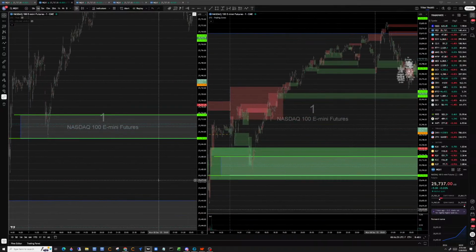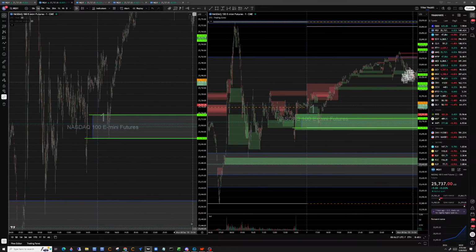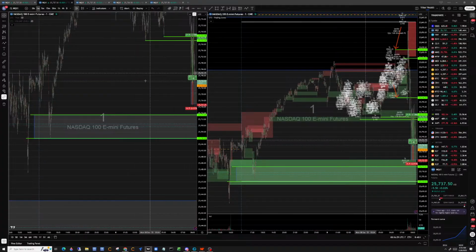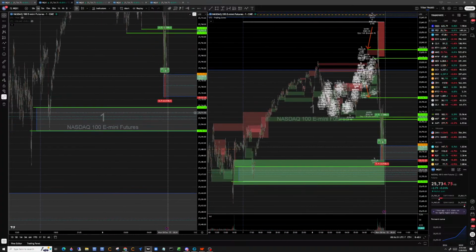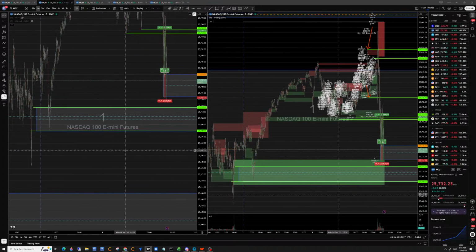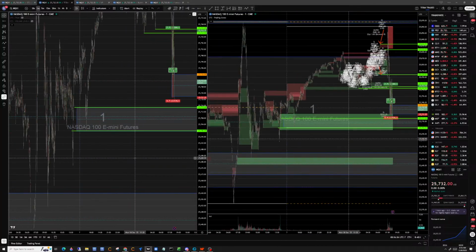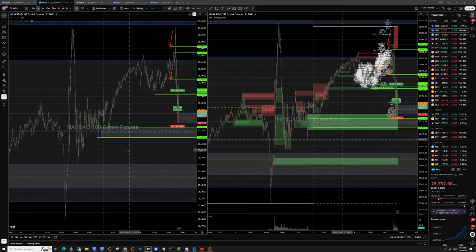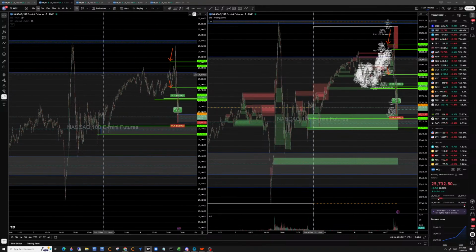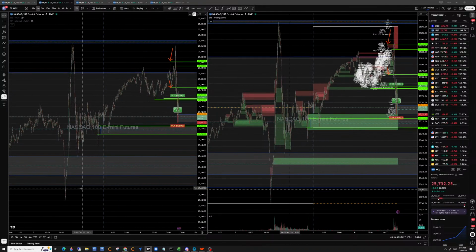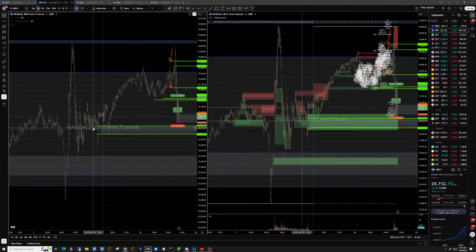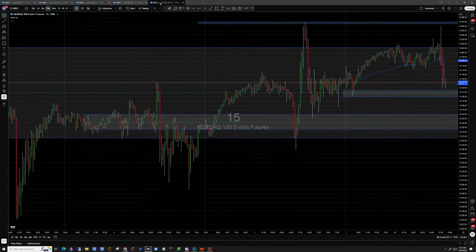Wow, to the dot. That's perfect. So just keep an eye on here. That doesn't mean it's going to automatically reject here. We could see it push down below and then, whatever. But this is also the midpoint of this big range that I've drawn right here.